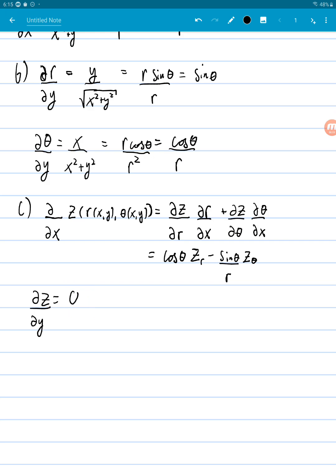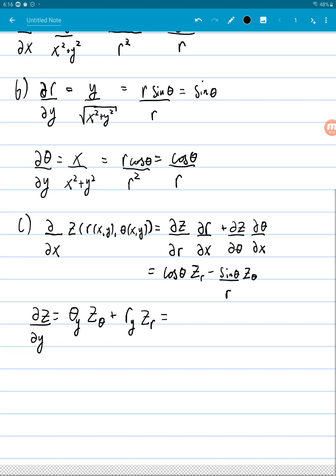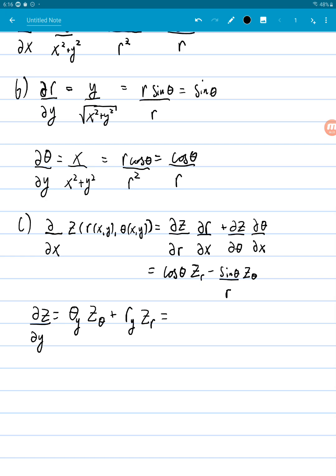So it's going to be the partial derivative of theta with respect to y multiplied by the partial derivative of z with respect to theta plus r sub y z sub r. So we know from what we did in part B that the partial derivative of theta with respect to y was cos theta over r.